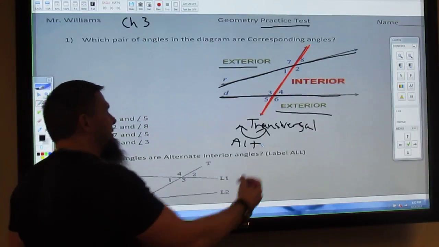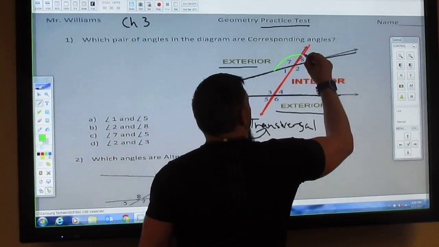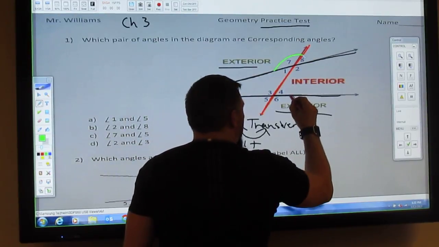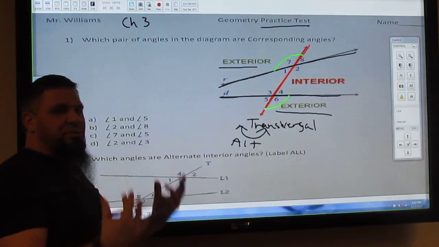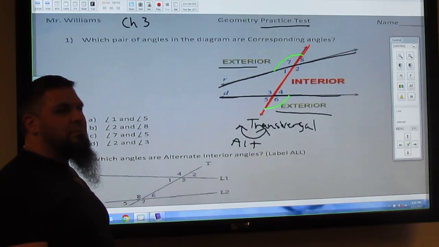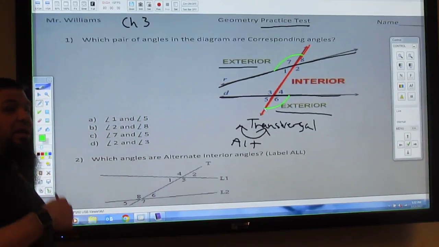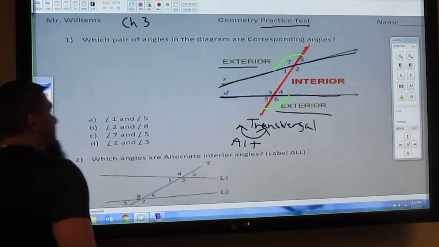When they're exterior, so think of this. This is exterior, this is exterior, and they alternate. So that's why we call them alternating exterior angles. Okay? Then there's the alternating interior angles, right?